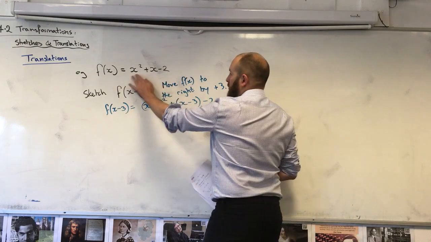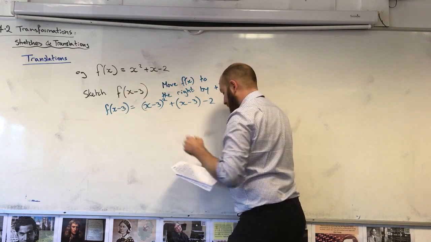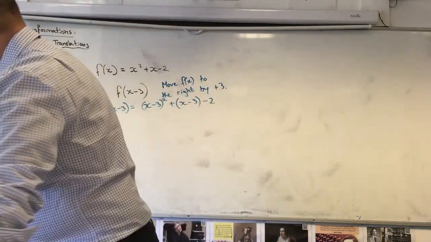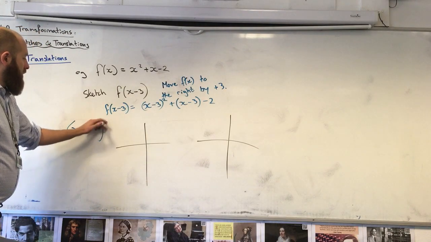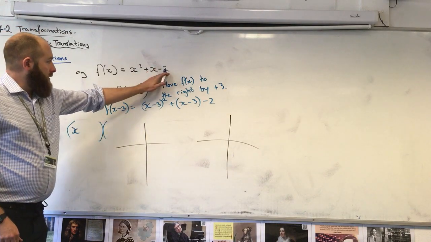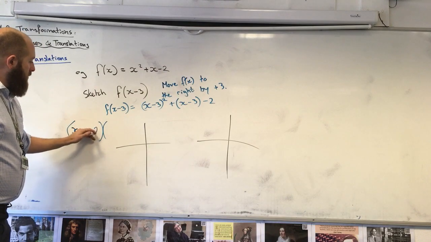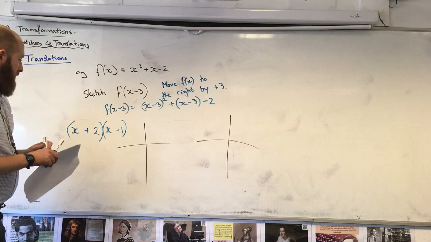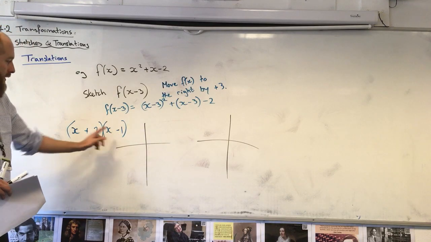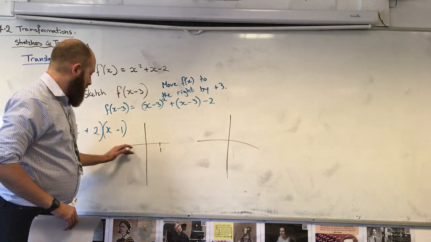So, next thing, let's try and sketch the original and then let's work out how it looks when it's moved. So the original function, if I try and factorise that, two numbers that multiply to get minus 2, add to get minus 1, so we're going to get 2 and minus 1. So the original function has a root at 1 and a root at minus 2.